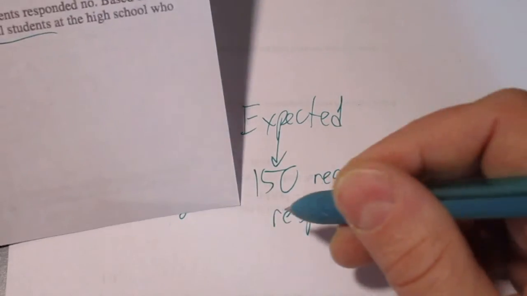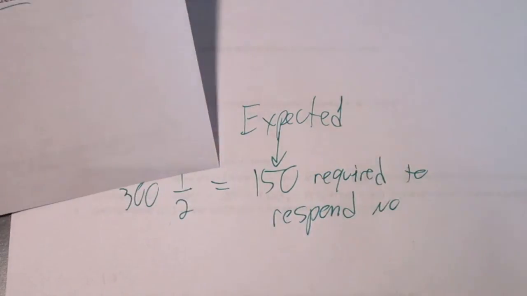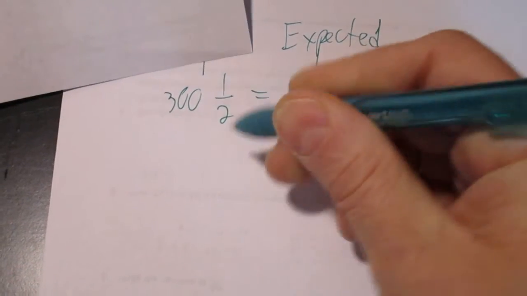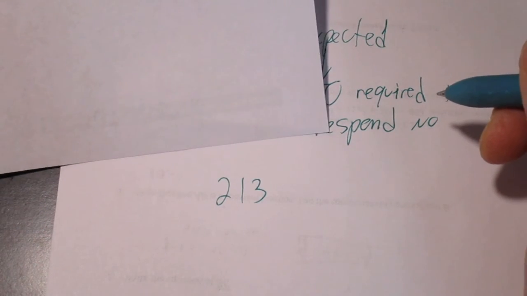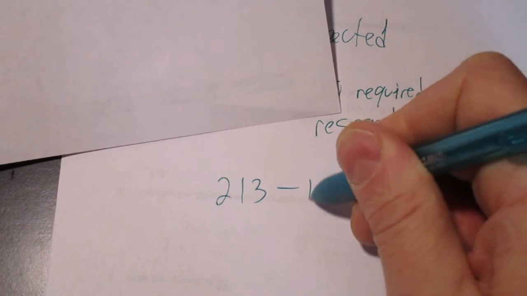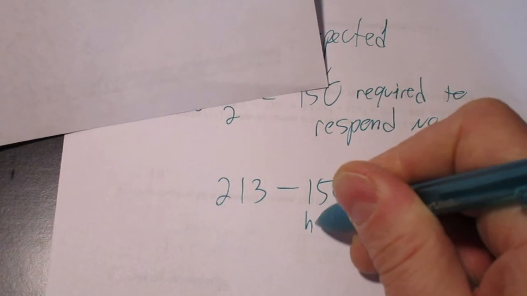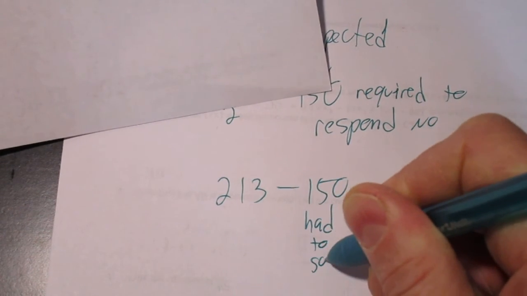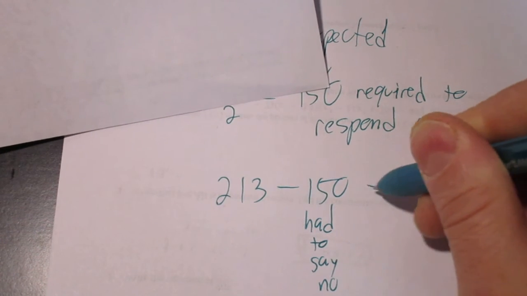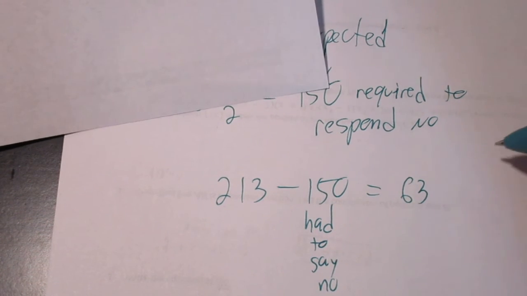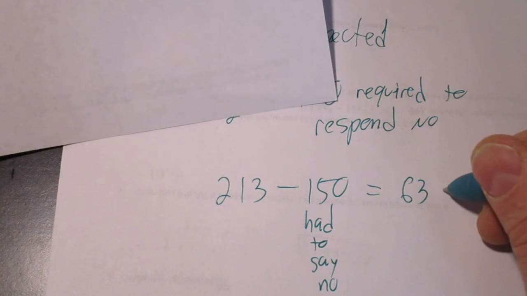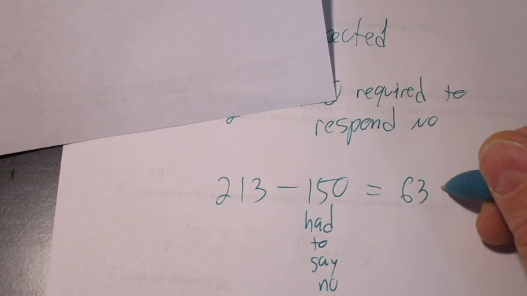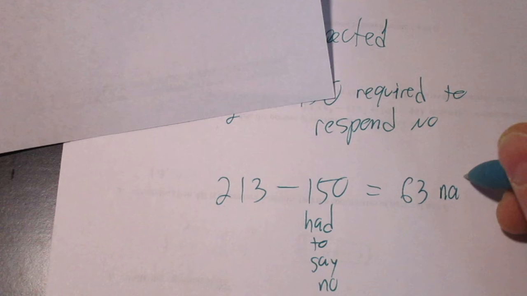Give a point estimate for the proportion of all students who would respond yes. So we've got to do a little rough justice here. I'll do something like this. 213 total no's. Now I'm going to subtract off the 150 who had to say no, which leaves 63. Let's call them natural no's.